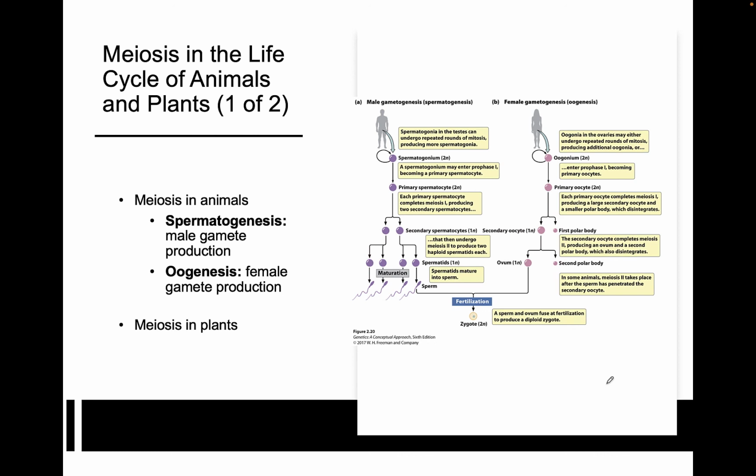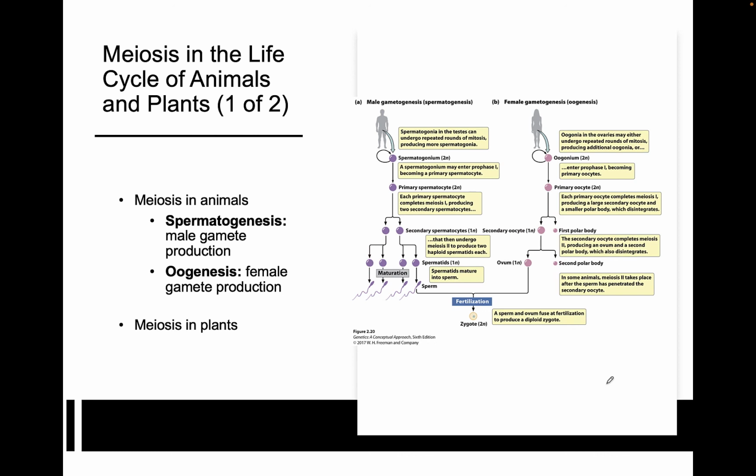A couple of things that I want to point out for spermatogenesis and male gametogenesis: specifically, the formation of sperm. It starts off with spermatogonia in the testes, and it undergoes repeated rounds of mitosis to produce more spermatogonia. The spermatogonium will enter into prophase 1 and become what we call a primary spermatocyte.